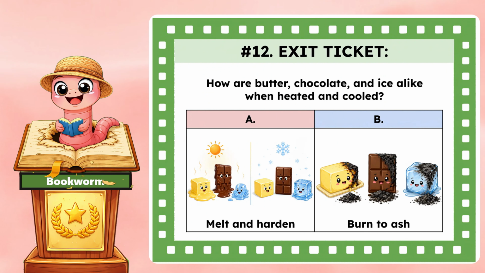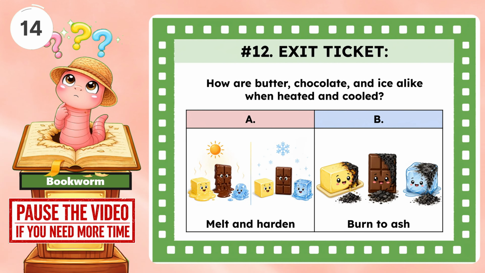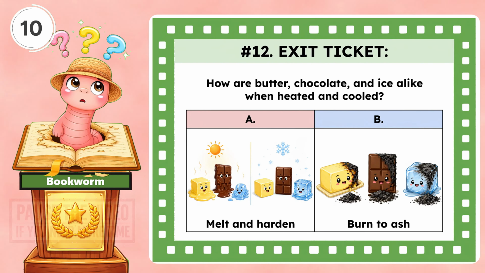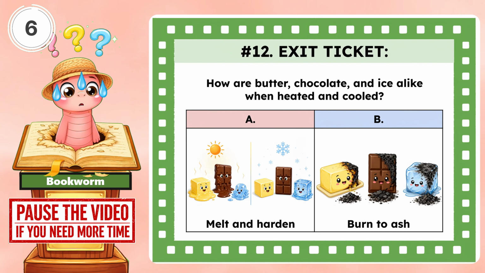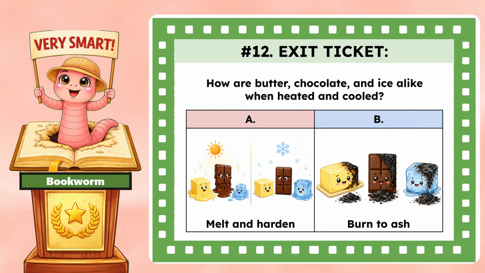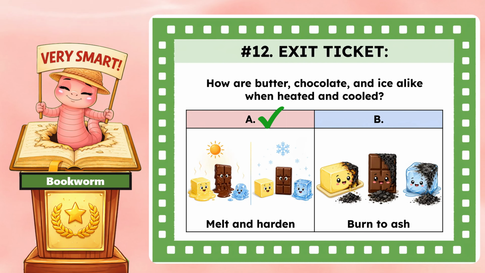How are butter, chocolate, and ice alike when heated and cooled? And the correct answer is letter A, melt and harden.